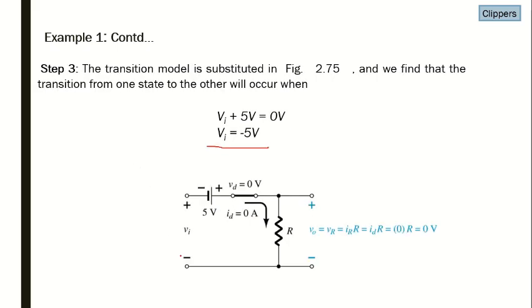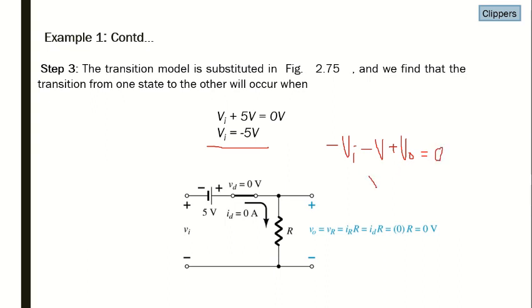Minus Vi minus 5 plus V naught is equal to 0. Minus Vi minus V plus V naught is equal to 0. This is KVL.